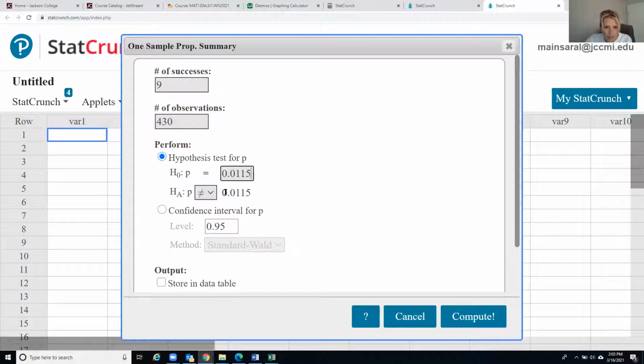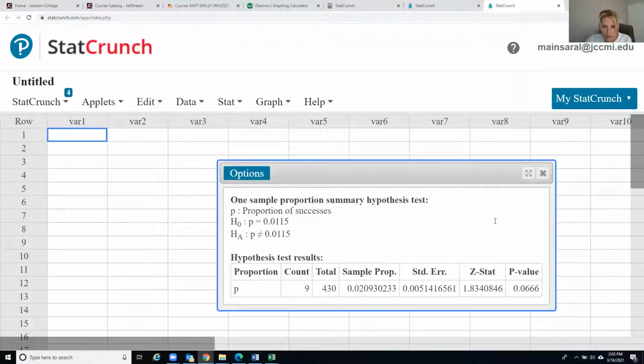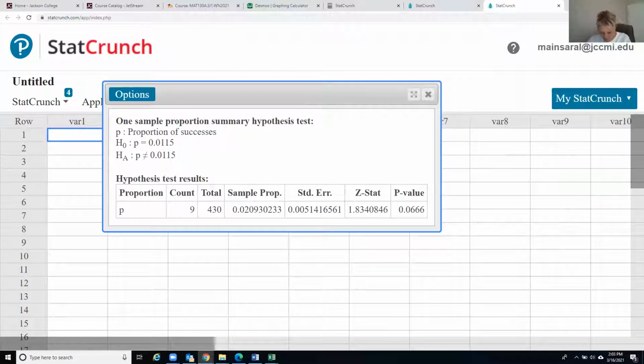And this is a not equal to, so we've got that, so compute. Okay, so there's our Z statistic. It's 1.834. Our p-value is 0.0666. And make sure you get that jotted down.